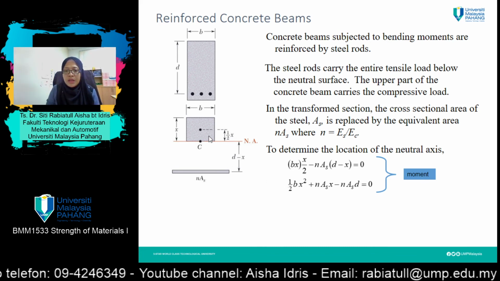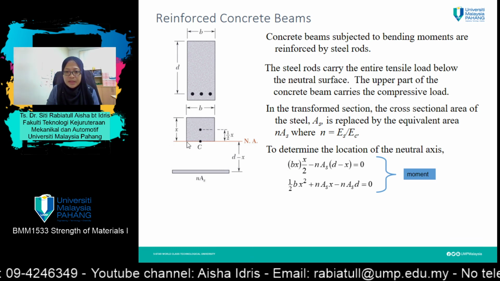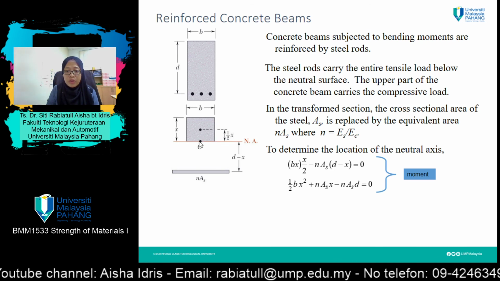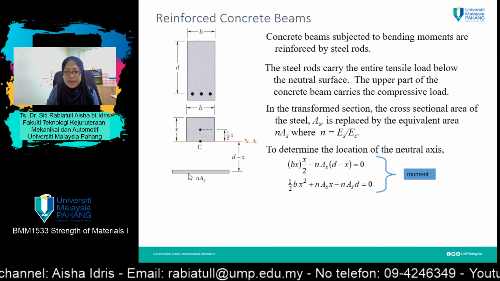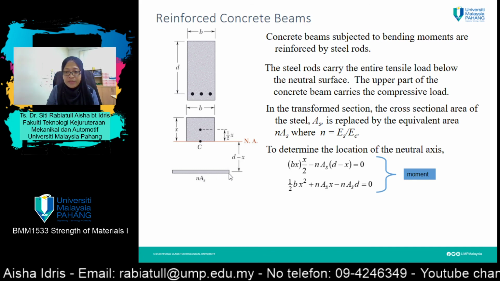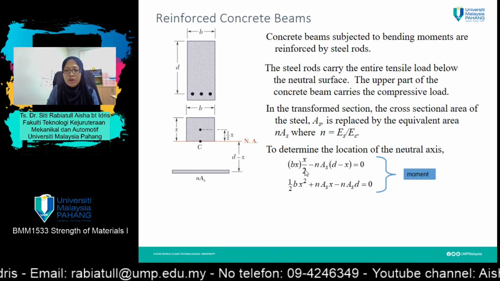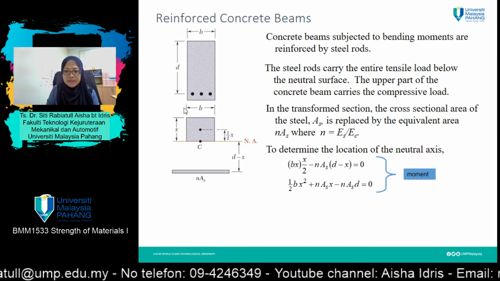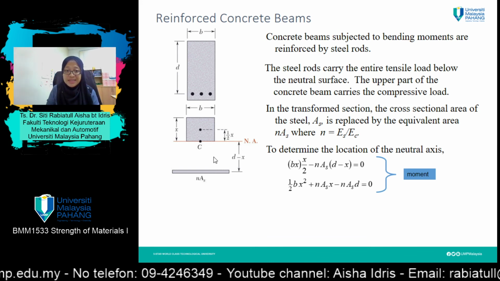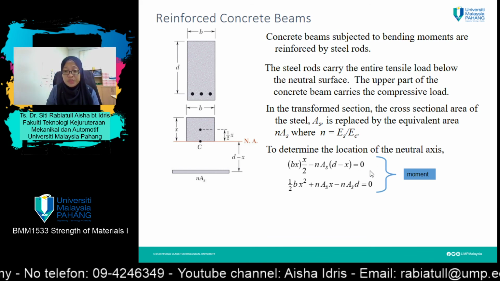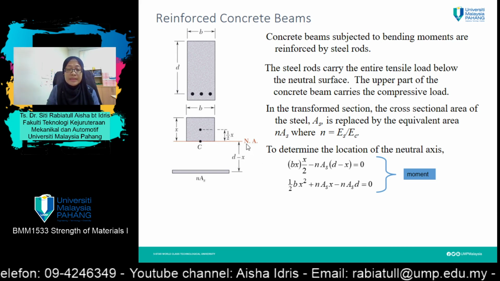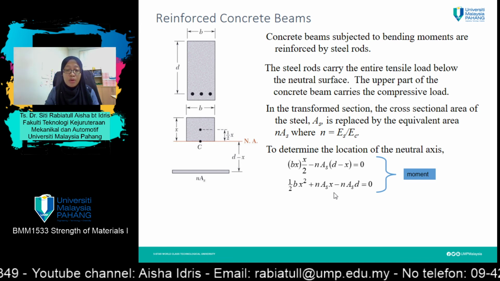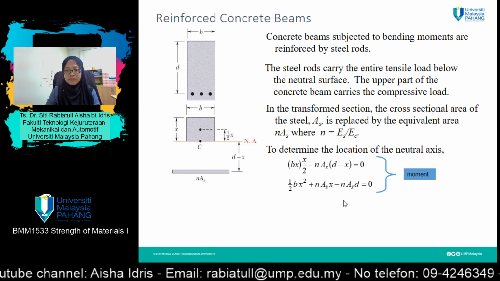So b x is the area, times the distance from the neutral axis line, x over 2, minus n A_S, this cross-sectional area, times d minus x, because this distance, d minus x, equals 0. Why negative here? Because it is below the neutral axis line. From there, we can get the value of x or d.